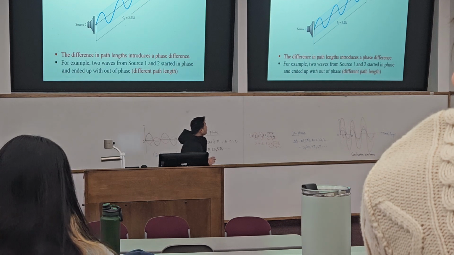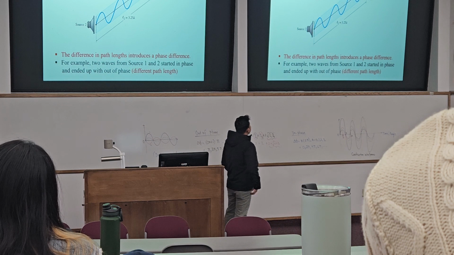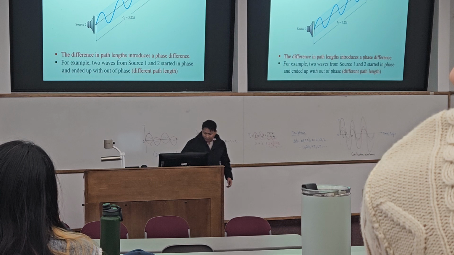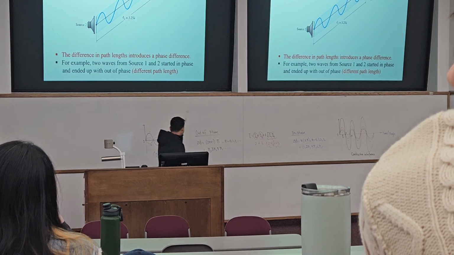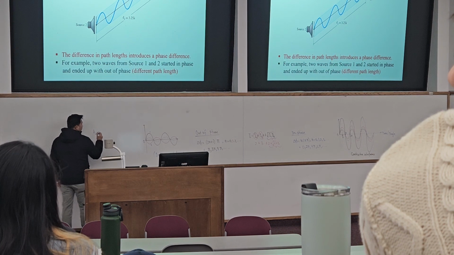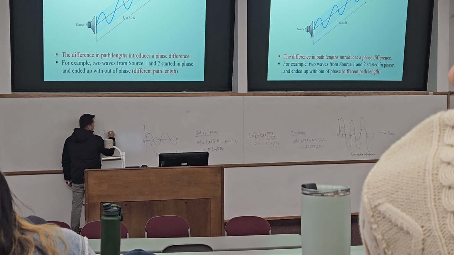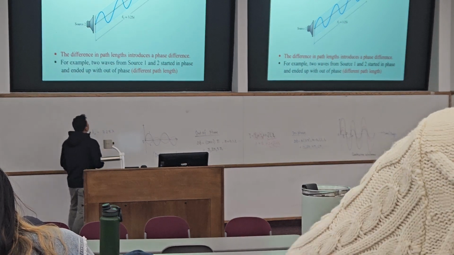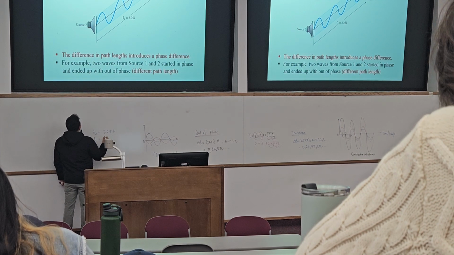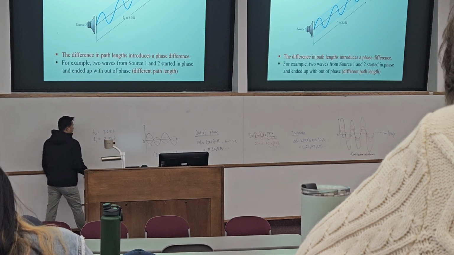For example, source one and source two are identical speakers, but you have a path difference. Source two travels L2 equal to 3.25 lambda, and L1 over here is 2.75 lambda.